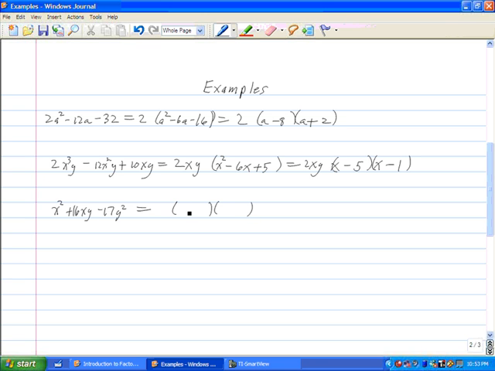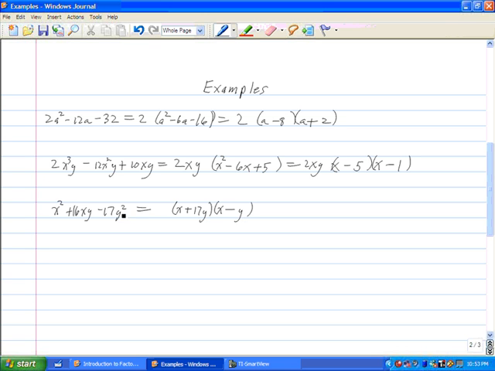The minus on the end has got to be a plus minus, or maybe it's a minus plus. We'll figure that out. The x squared is an x and an x. The 17 is bound to be a 17 times 1. But since I have this y squared on the end, it's going to be a 17y and a 1y.